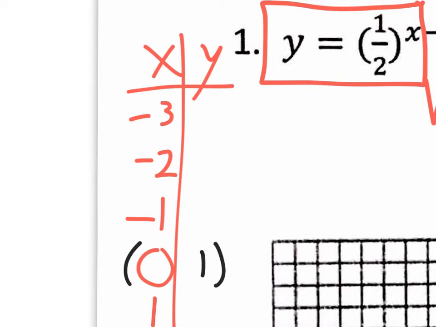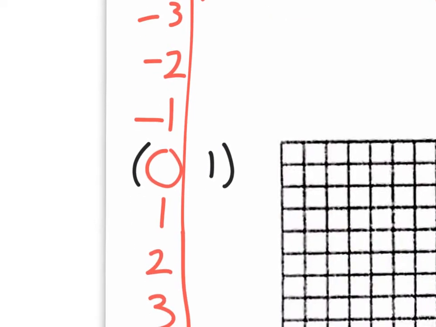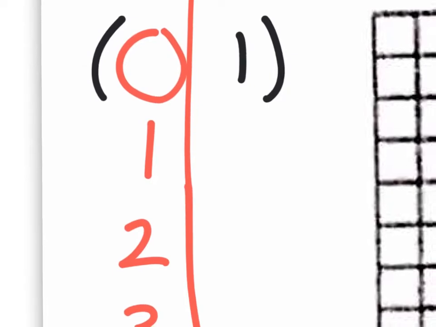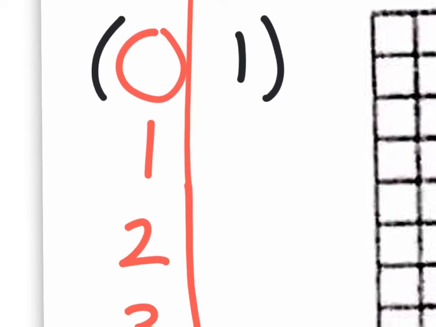And then, instead of plugging into the function, we could simply understand that this is a decay function because the base is less than 1. And not only that, it's going to decay by that value 1/2. So the output 1 is going to decay by 1/2. If I multiply this by 1/2, I get 1/2.